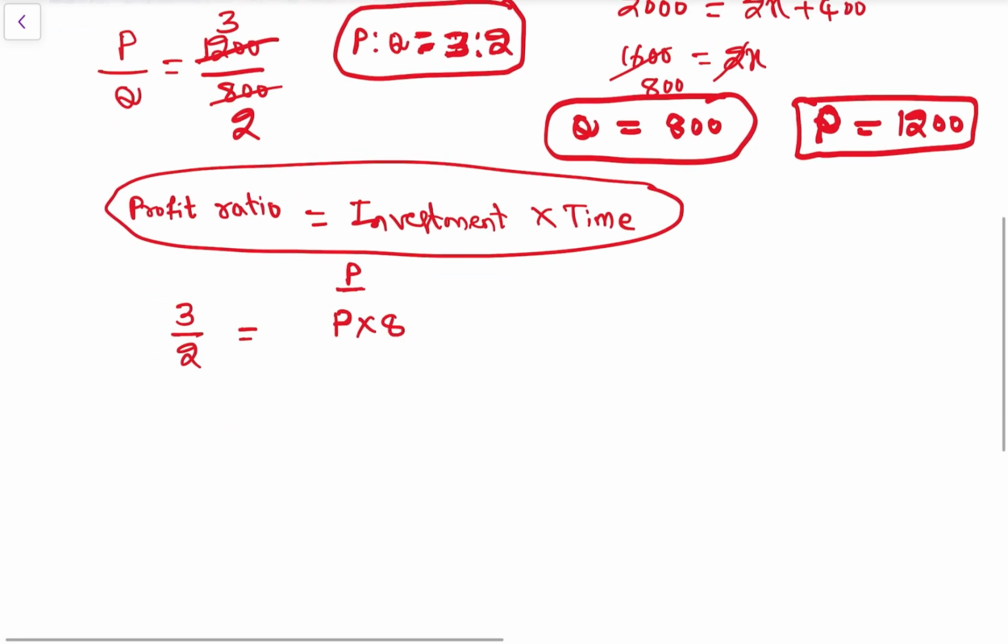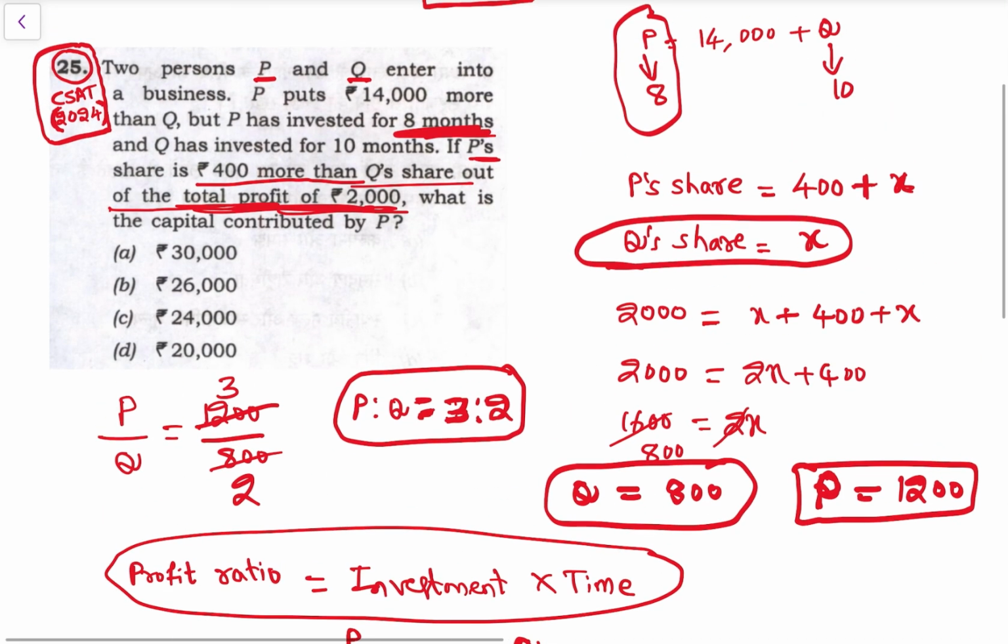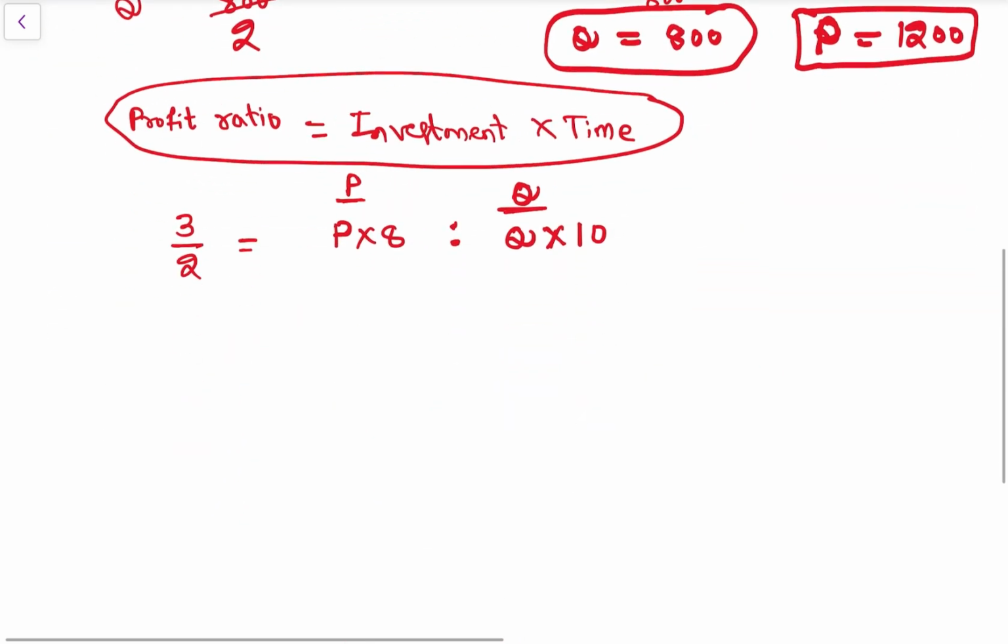And for Q, let's take the investment Q into time as 10, because Q is investing for 10 months. So from this we get P is to Q, that is 3 by 2, is equal to P into 8 by Q into 10.